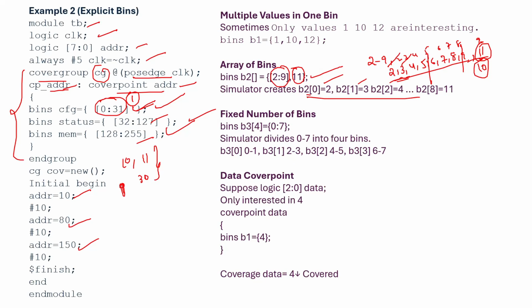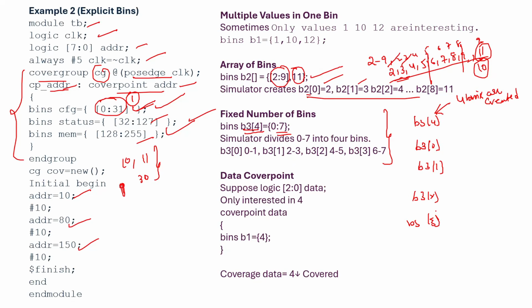And in the same example, another thing I am taking here, bins of 4, 0 to 7. Bins of 4 means here how many bins are created? You said that 4 bins are created. What is the range? b3 of 0 bin, b3 of 1, b3 of 2, and b3 of 3.